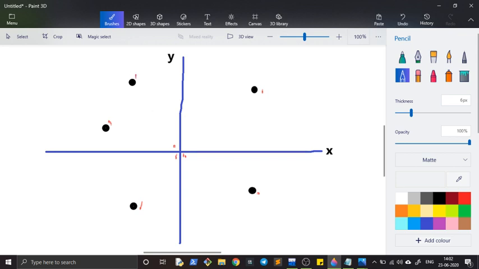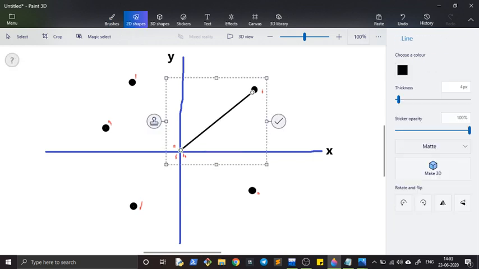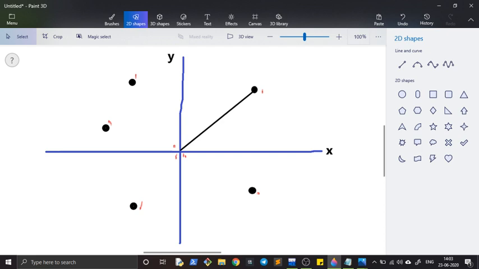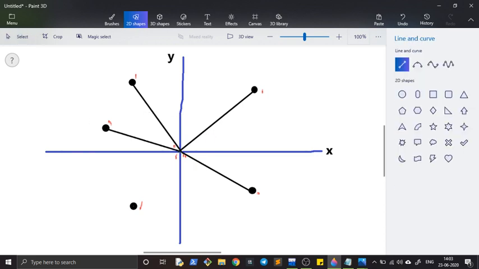If we get these distances, we will get it. We can get each distance from a formula. I will show you the distance formula from the coordinates. So we need to find all the distances to the origin.